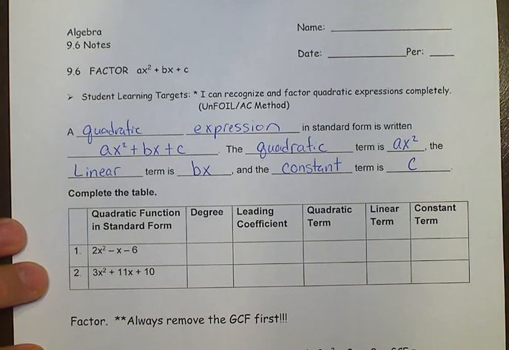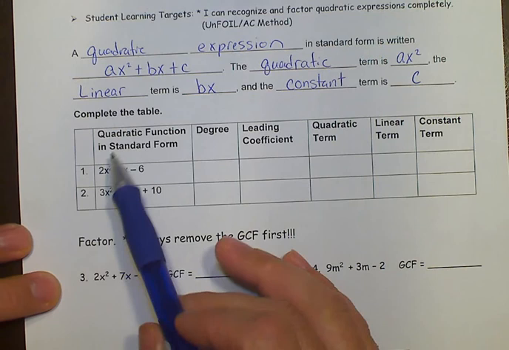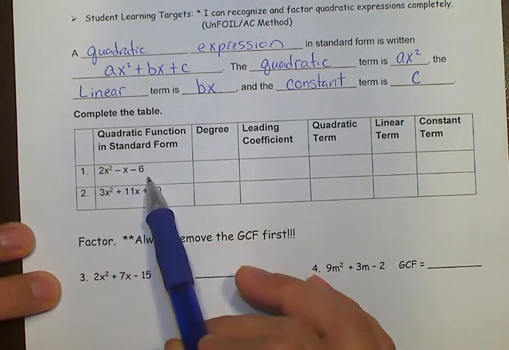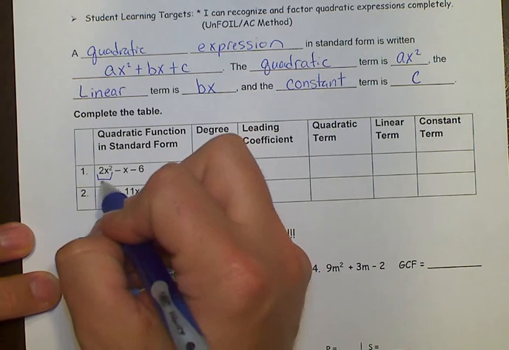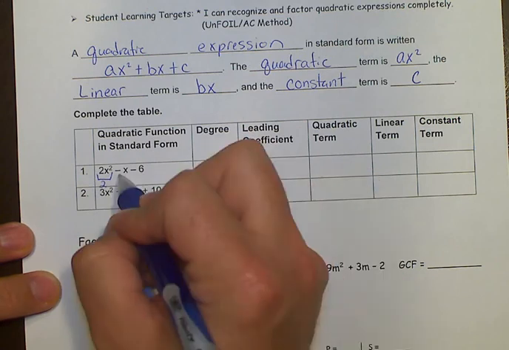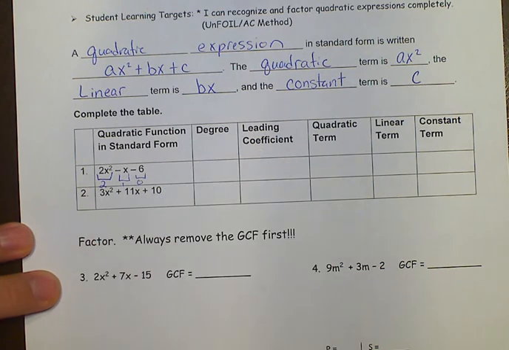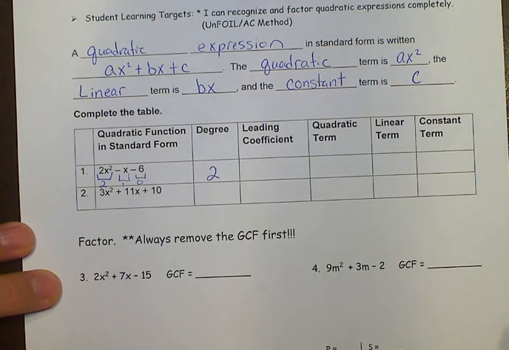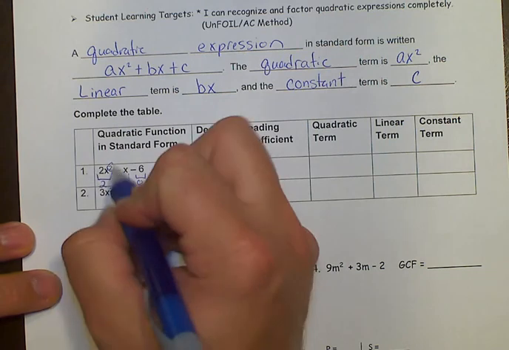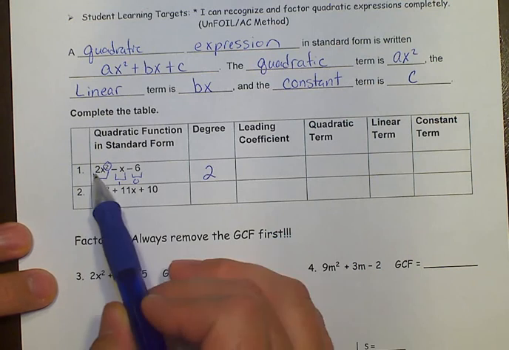Alright, so let's go to our table. So we have a quadratic expression here. We know how to find the degree. That's when I count up the exponents with my variables. So that's a 2, that's a 1, that's 0. This should be a review. So the degree would be the highest term, which is a 2, because of that exponent. The leading coefficient is the number in the very front when it's written in descending order.